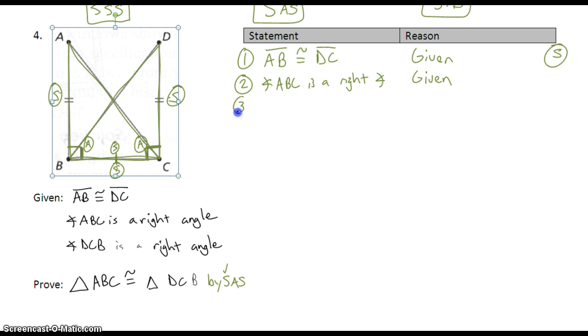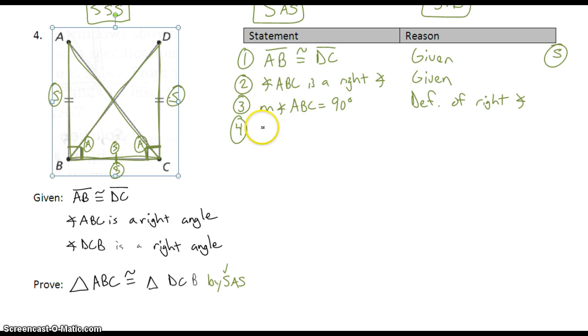And I know that if I have a right angle, by definition, when I measure it, its measure equals 90 degrees. That's the definition of a right angle. Now this is important because it gives me an equal sign. I know how big angle ABC is. It's 90 degrees.